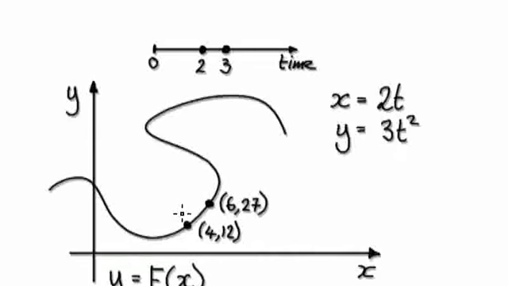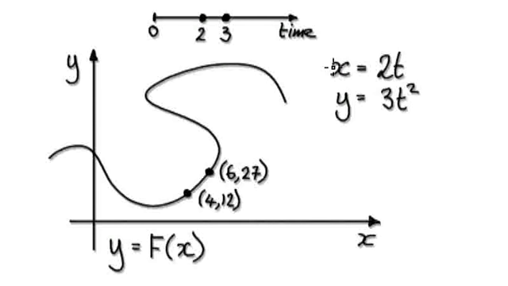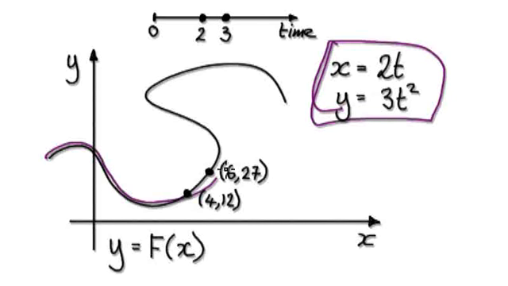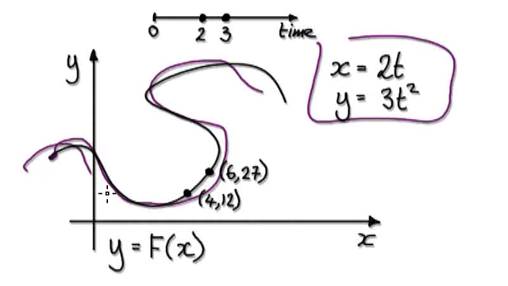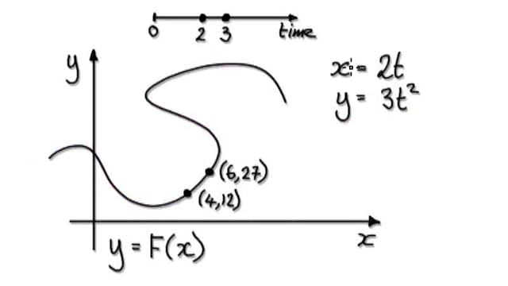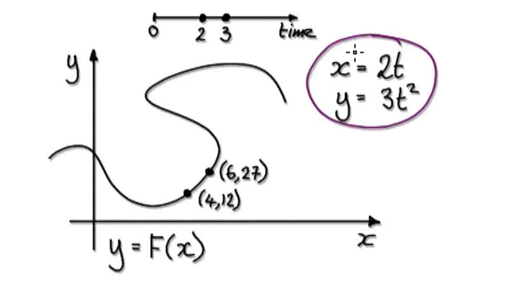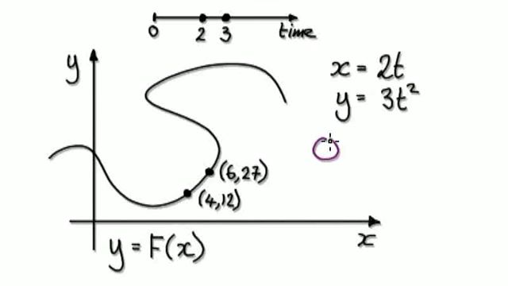So let me give you an example. Let's say we've been given these parametric equations here. This here doesn't give you this path, but let's just pretend that the particle is actually moving along here. So what we've got here is that you input a time. Remember, everything is driven by time.